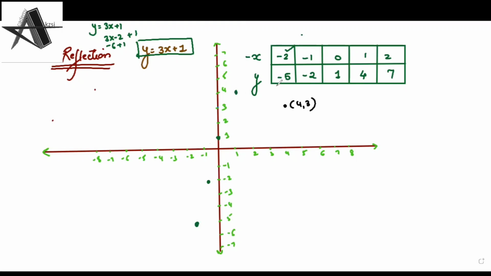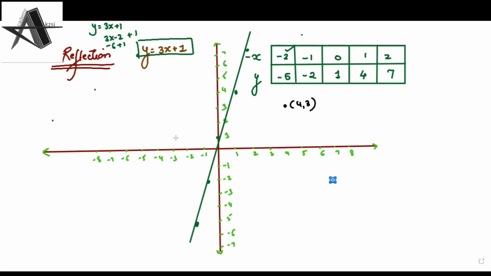And when x is 2, y is 7. It's here. Now join these points all together. You'll get the straight line. It would look like this. It's not exact because obviously I have drawn the axes, so the distance between the points can differ, but this is the complete mirror line that you'll find.